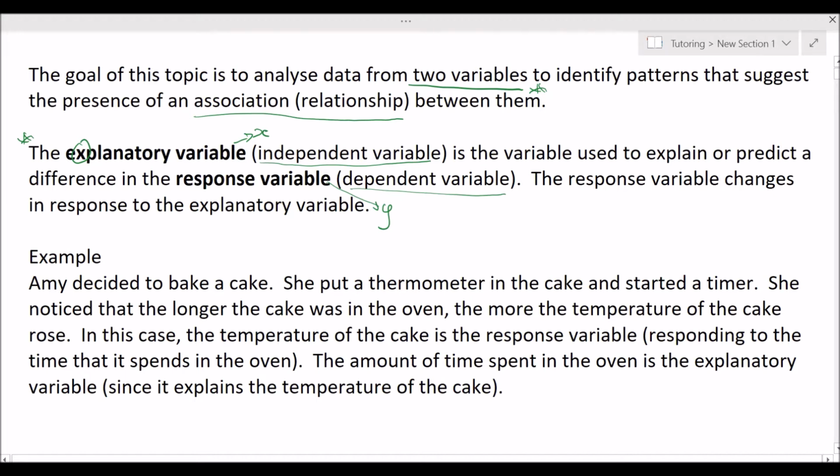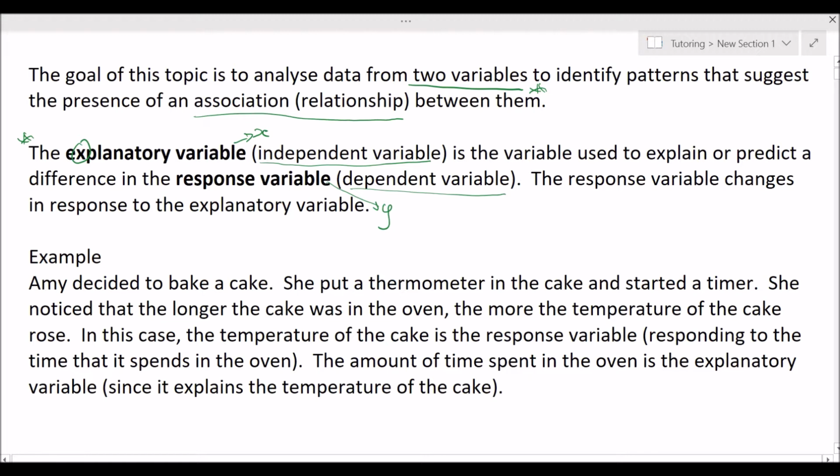Amy decided to bake a cake. She put a thermometer in the cake and started a timer. She noticed that the longer the cake was in the oven, the more the temperature of the cake rose. In this case, the temperature of the cake is the response variable because it is responding to the time that it spends in the oven.